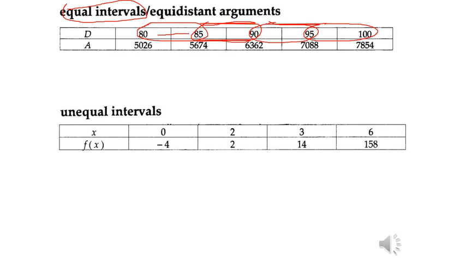See here, the gap is 5, 5, 5, and here also 5. So such data is called equal intervals, and the other one is unequal intervals. For example, see here, what is the gap here? It is 2. And what is the gap here? It is 1. What is the gap here? It is 3. So such intervals are called unequal intervals.